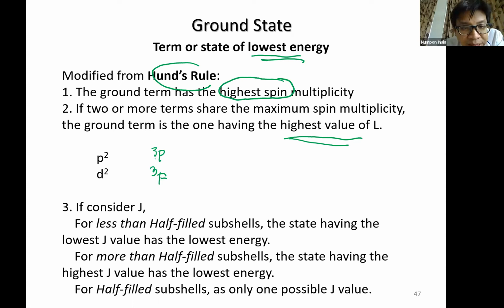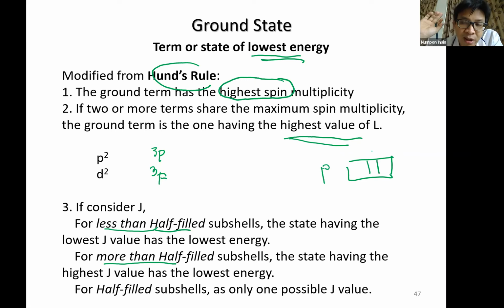Now the last rule is for J. If you consider J, what is the lowest J? You have to know first whether the configuration is half filled, less than half filled, or more than half filled. So what is half filled? For example, for the p orbital, they can put in 6, so half of 6 is 3.